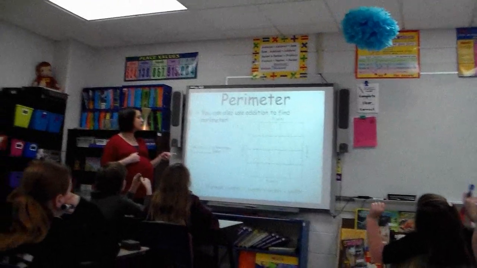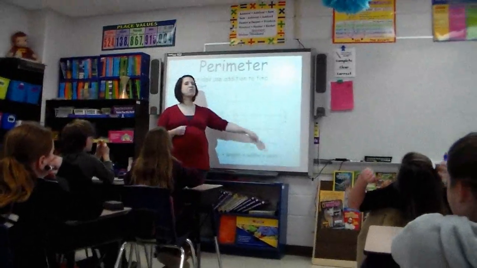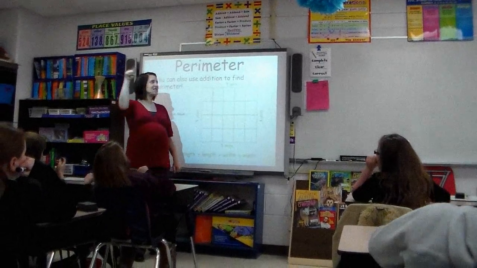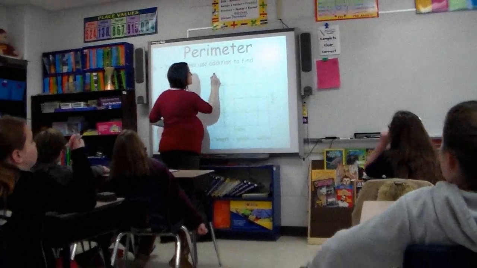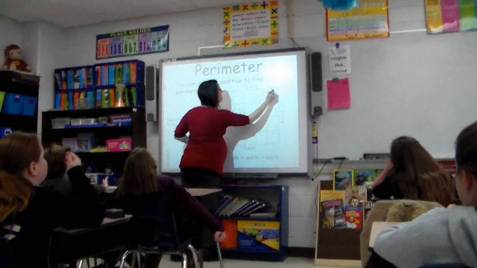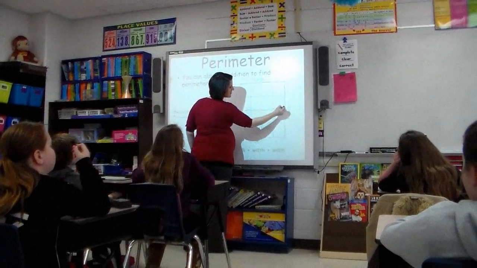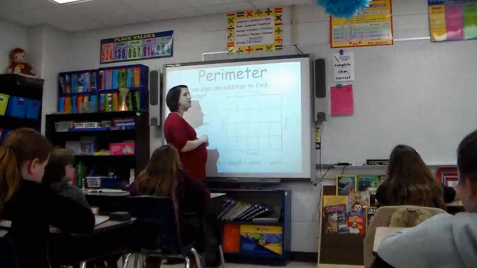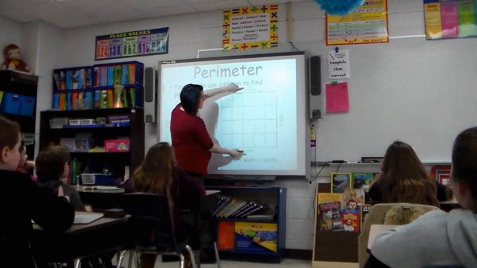To find perimeter, you add length plus width plus width. You add up all the sides. So for example, this is 5 units. 1, 2, 3, 4, 5 units wide. And 1, 2, 3, 4 units long. And you know if this side is 5, what's this side going to be? 5.